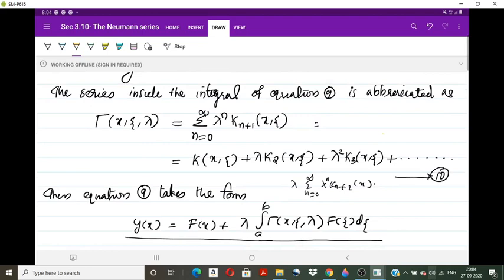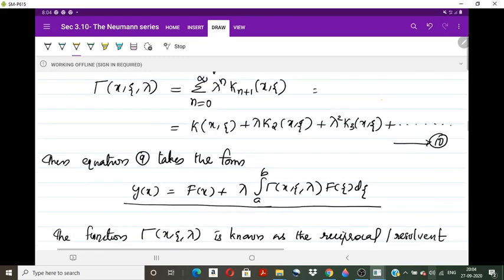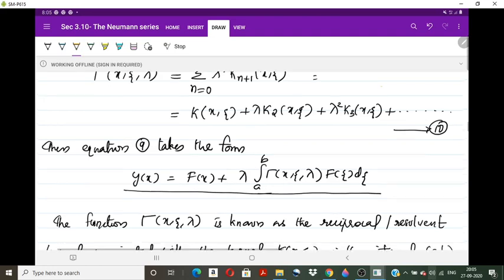So equation 9 will be in the form, by writing this as gamma of x zeta lambda, the solution y of x is equal to f of x plus lambda integral a to b gamma of x zeta lambda f of zeta d zeta.